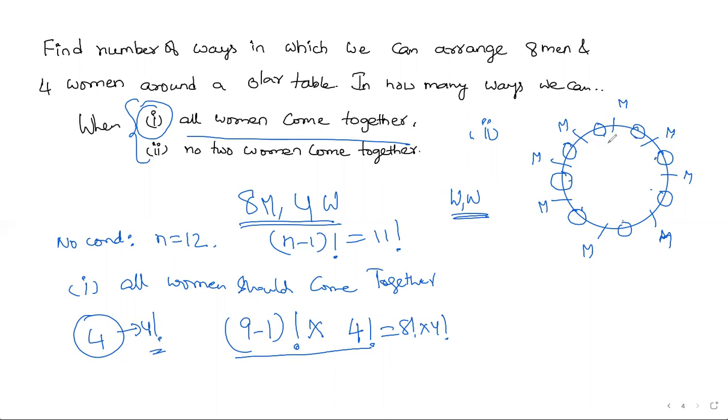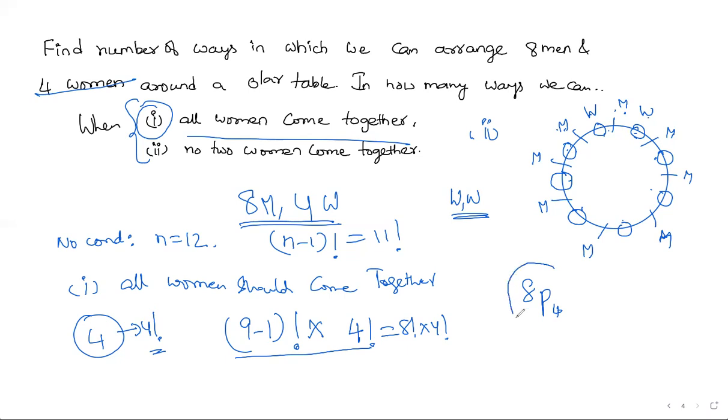So we have to fill women in these 8 places only, because for every place we fill women, they will be between two men. They will not be next to a woman. Between every two women there will be men. Okay. So out of the 8 places, we have to pick 4 places because there are only 4 women in our question. So in these 8 places, we have to choose 4 places and we can place women there.